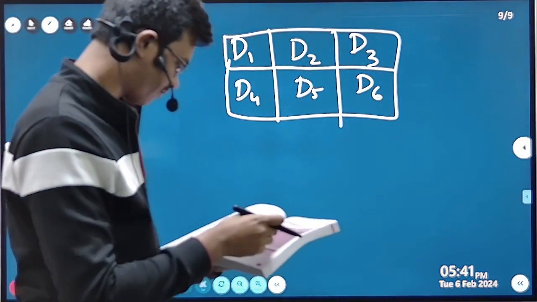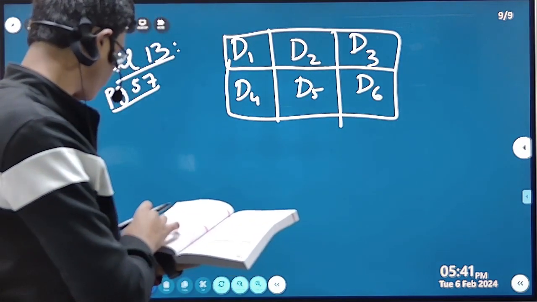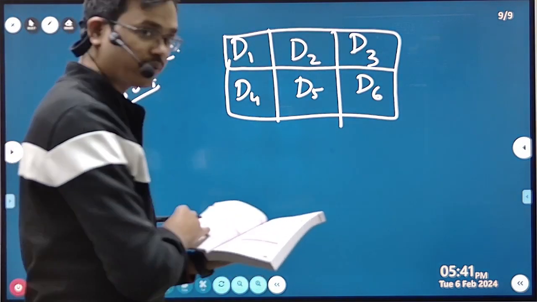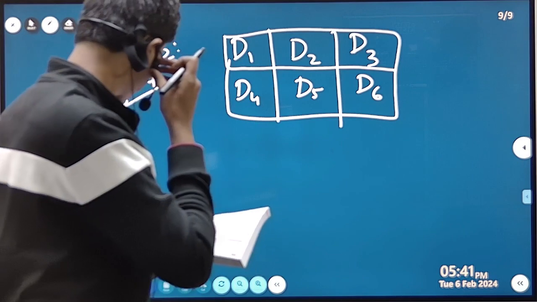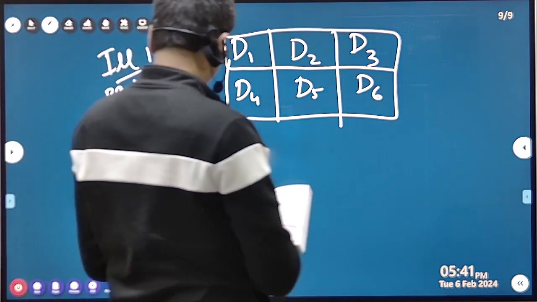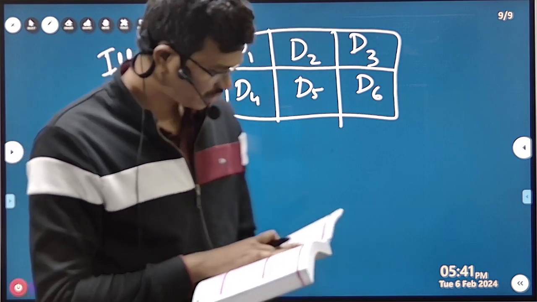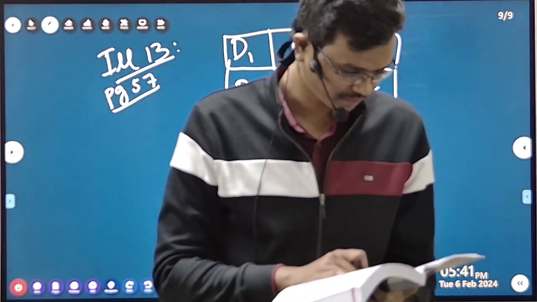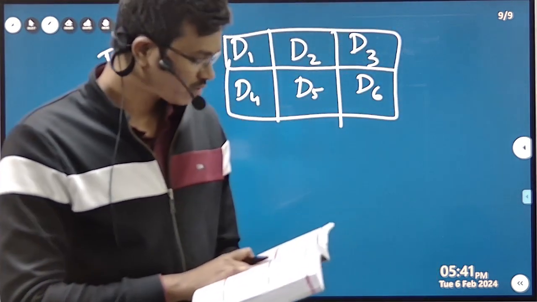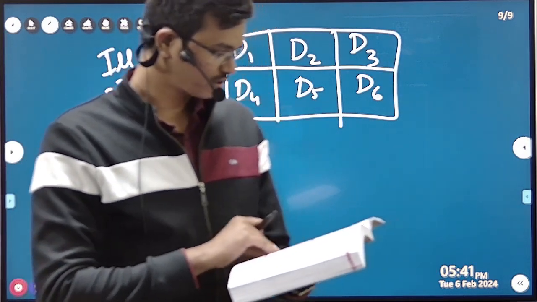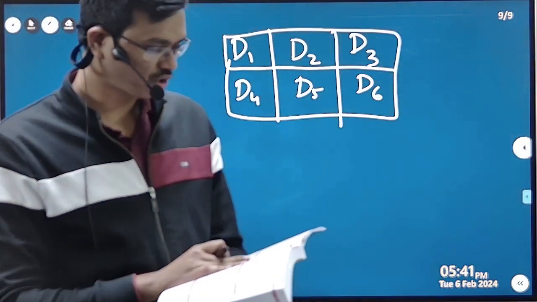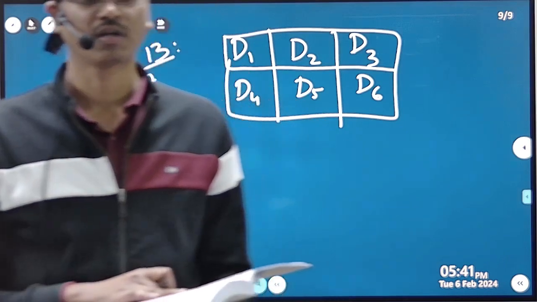And we are given the frequency, right? The traffic movement between these departments. So you can see the frequency in page number 58. There's a table given, right? Now the question is, the hospital wants to find an optimum layout.